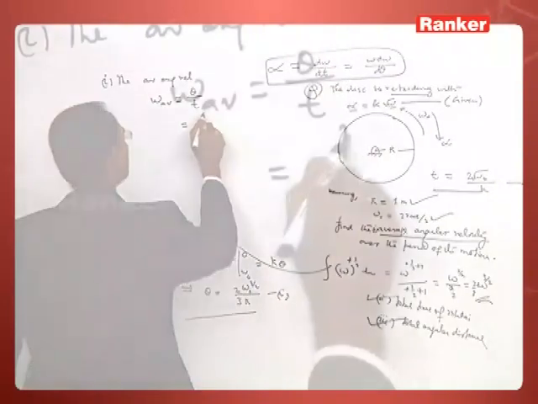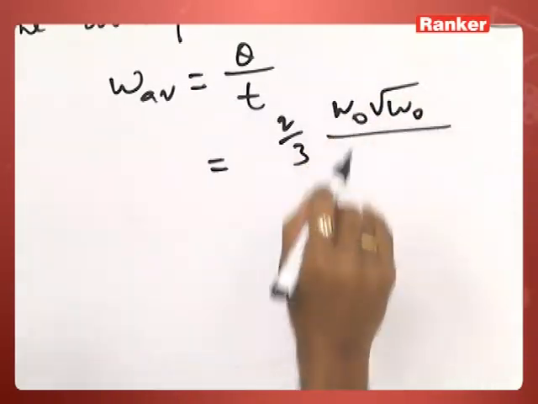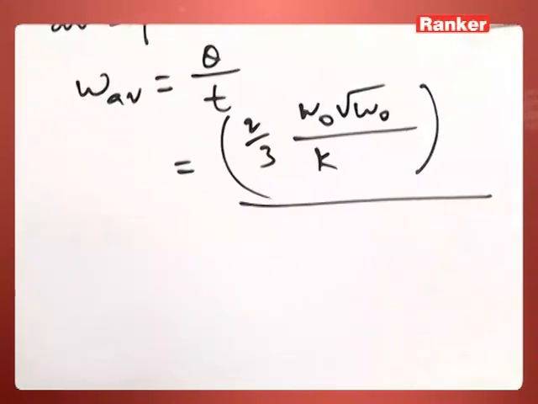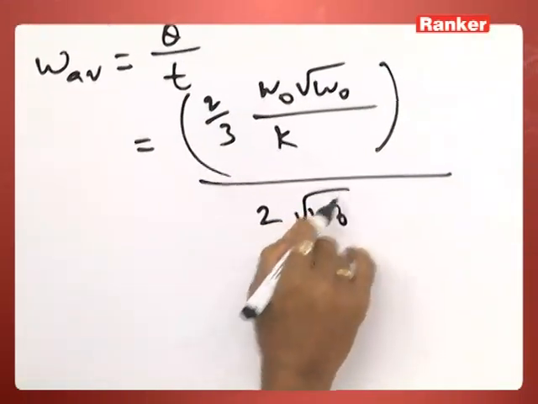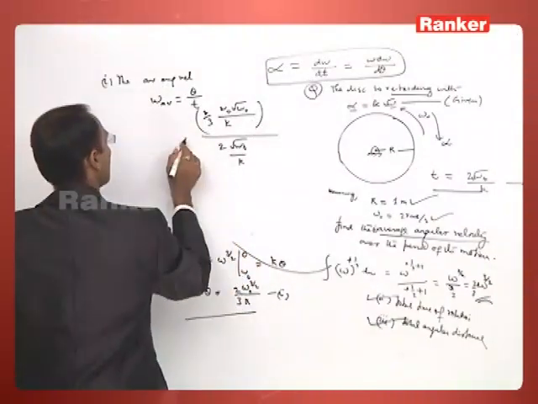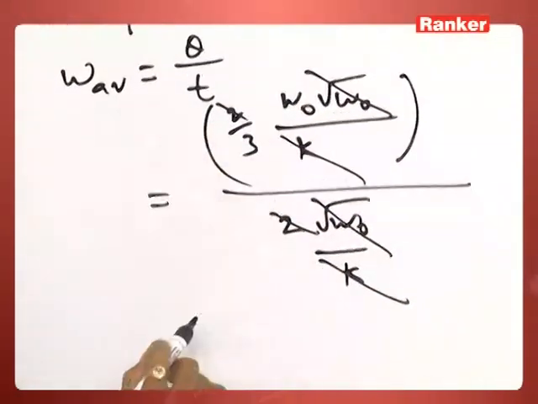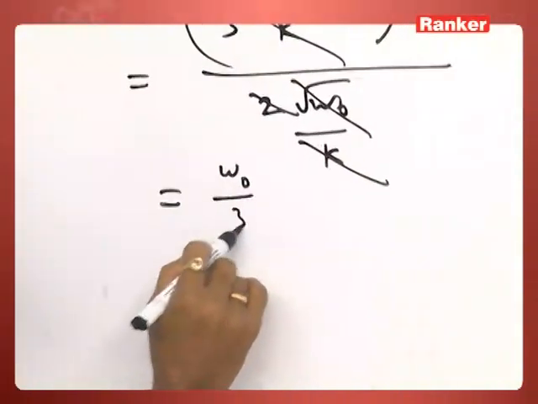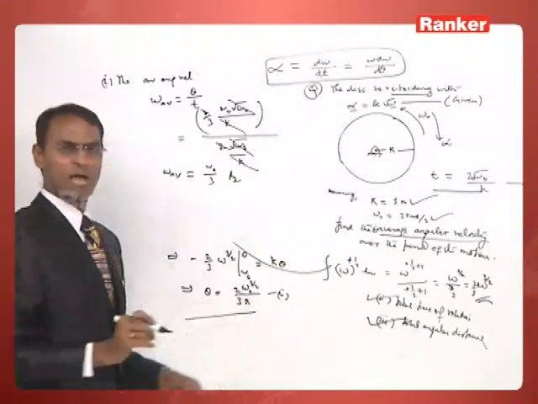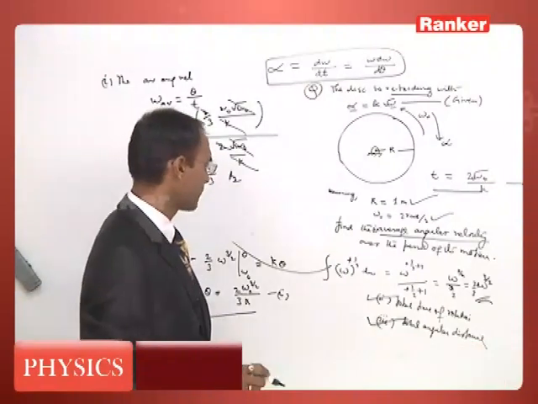Total distance you are getting 2 by 3 omega naught into square root of omega naught by k, by total time which is 2 square root of omega naught upon k. This will get cancelled, k will get cancelled. You are getting a very cute answer, omega naught by 3. The answer is very beautiful, a question for all the entrance examinations you are appearing for.